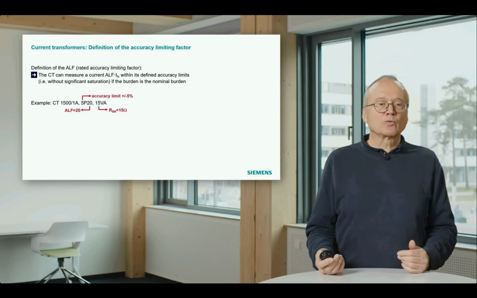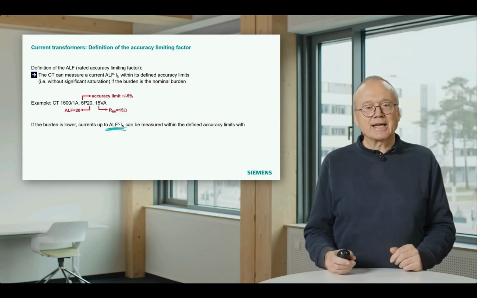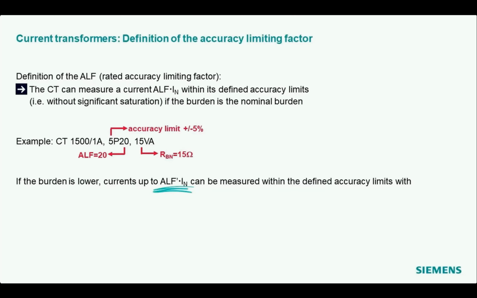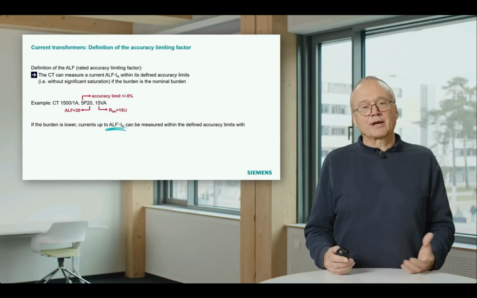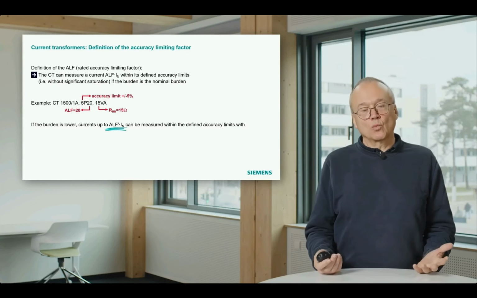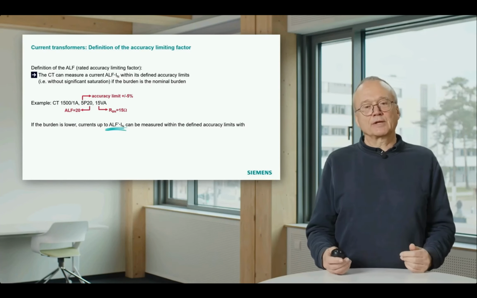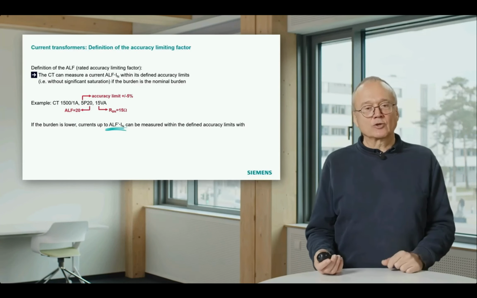For that reason, we define this ALF dash, the operational accuracy limiting factor or effective accuracy limiting factor. That is the current which can be measured without significant saturation, taking into account the actual burden.